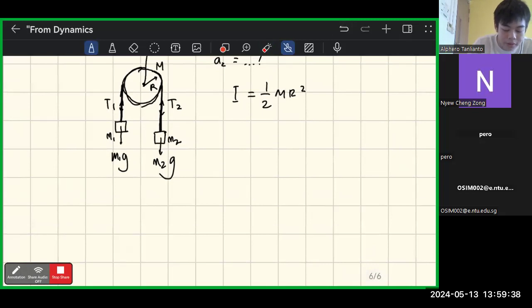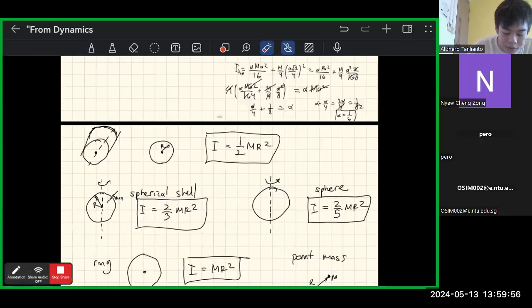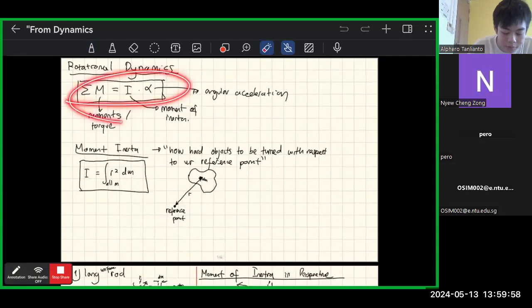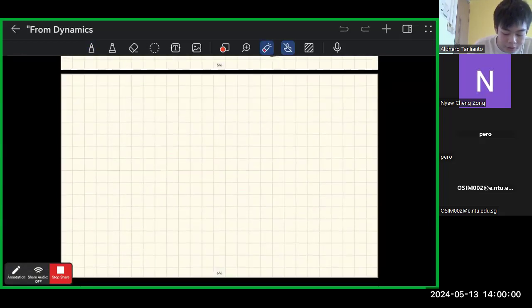we have to write each particle or each object in Newton's equation, which is sigma F equals ma for a point mass. But for the pulley, it's the sum of the moments equals I times alpha, the angular acceleration.